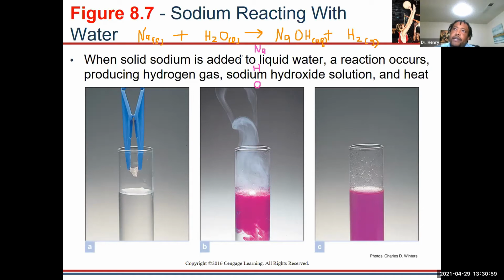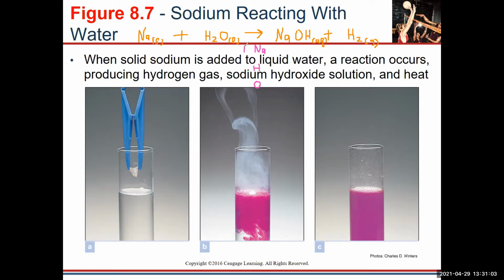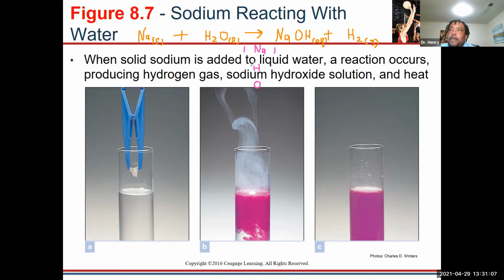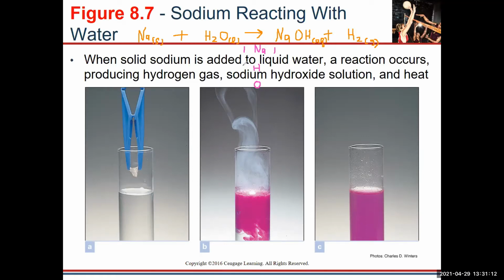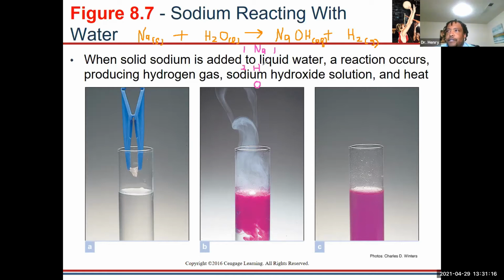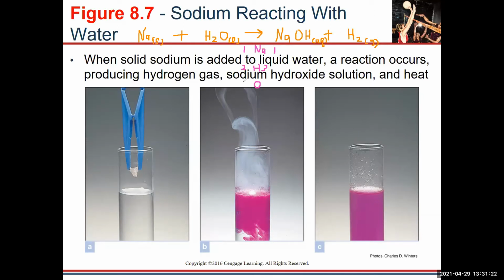Okay, on the reactant side, how many sodium do we have? 1. And on the product side, 1. On the reactant side, how many hydrogens do we have? 2. And on the product side, 3. How many oxygens on the reactant side? 1.